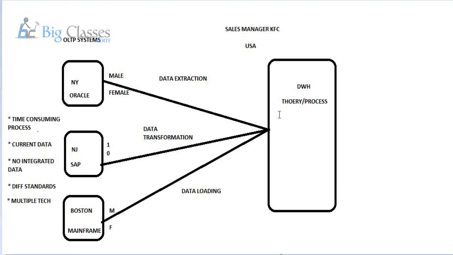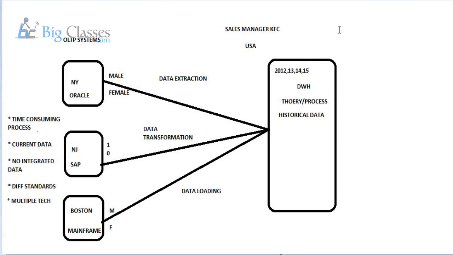Since it contains large volumes of data, we call this historical data. Why is it called historical data? If we started implementing a data warehouse, let us say from 2012, it contains the data from 2012 to 13, 14 and 15.